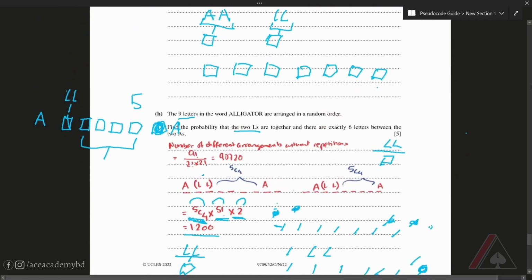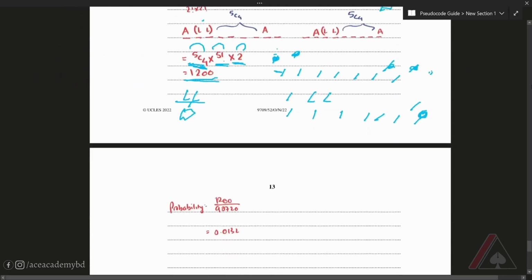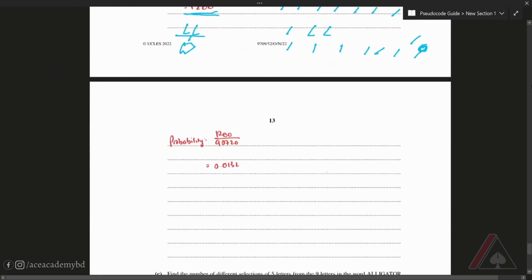And we're told how many possibilities there would be where this situation with 6 letters between the A's would be valid and the 2 L's would be together. So this is our possibilities. And now we find the probability by dividing them by the total possibilities.